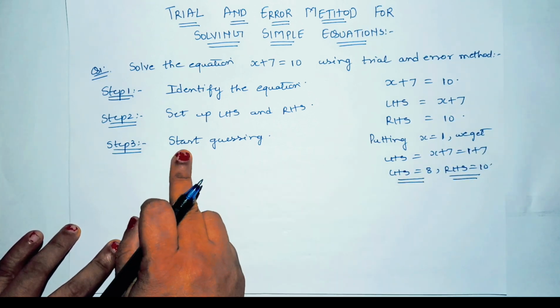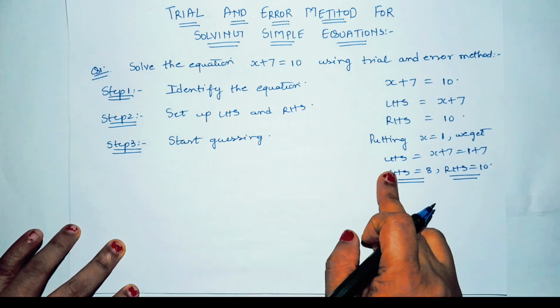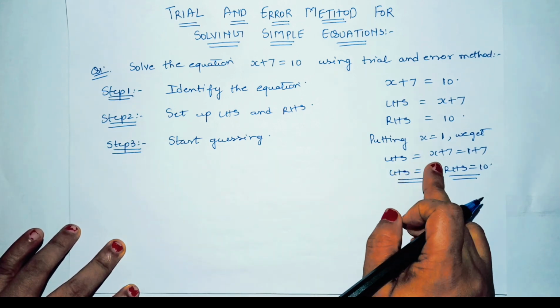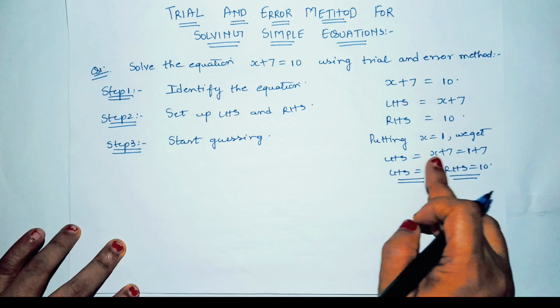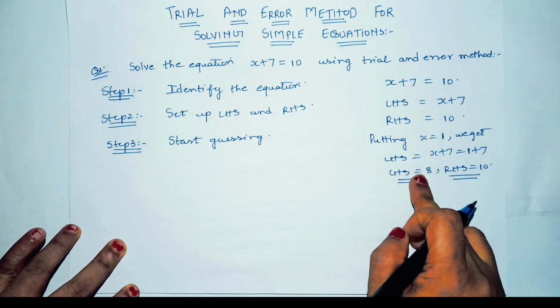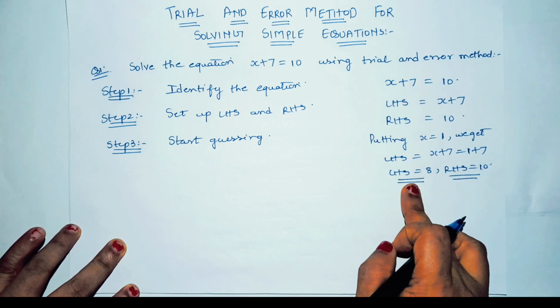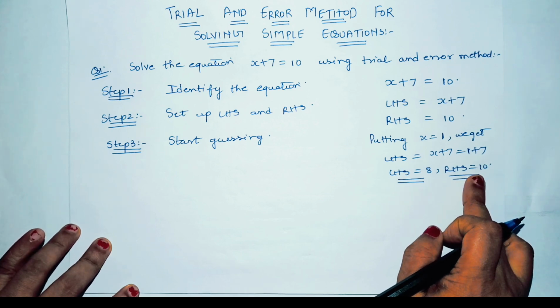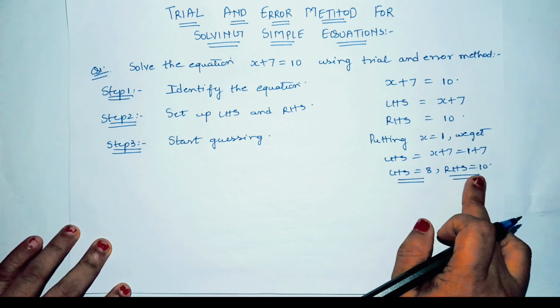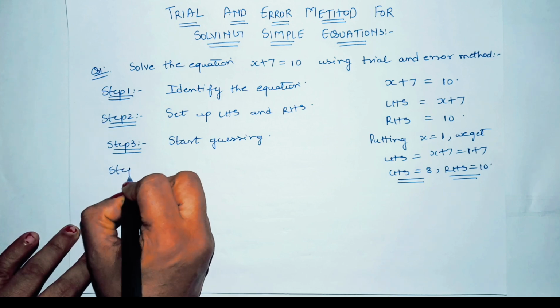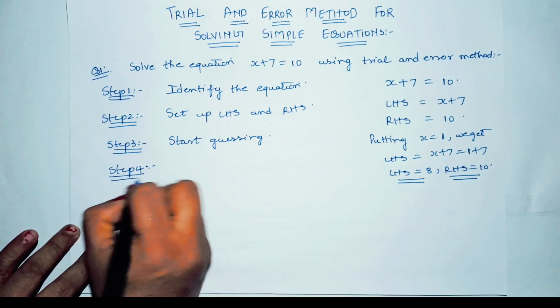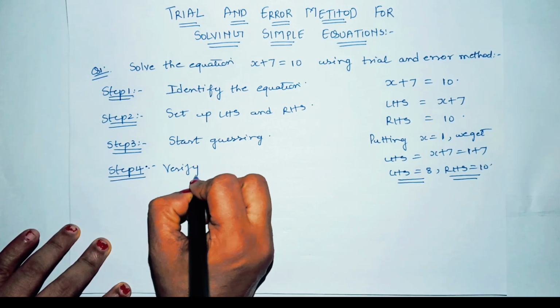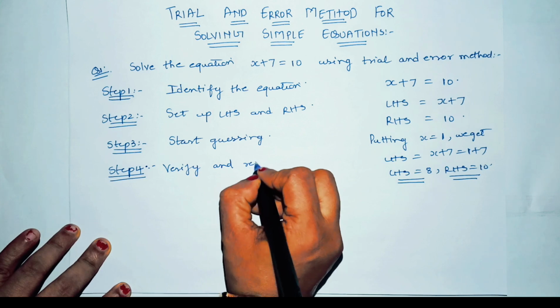Are you understanding? So start guessing. Substitute different values for the variable in LHS and see if it equals the RHS. No, LHS is not equal to RHS. Okay. Now, step 4. Verify and repeat.